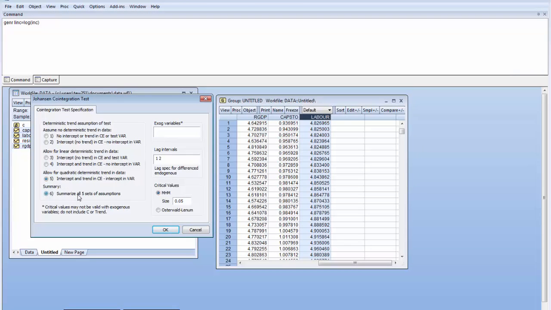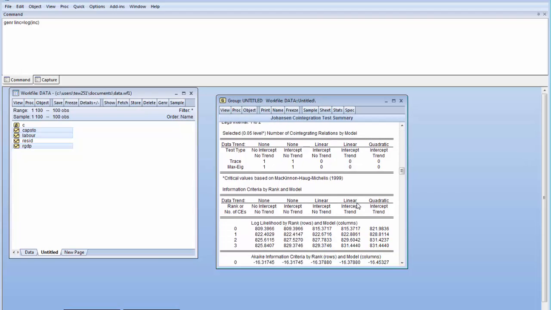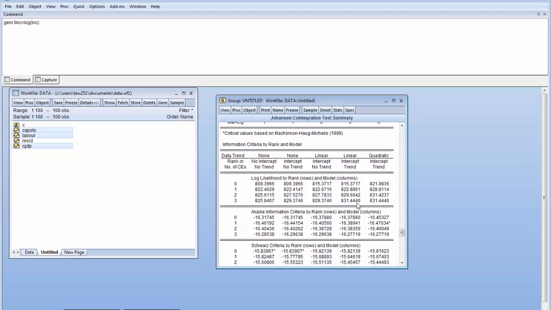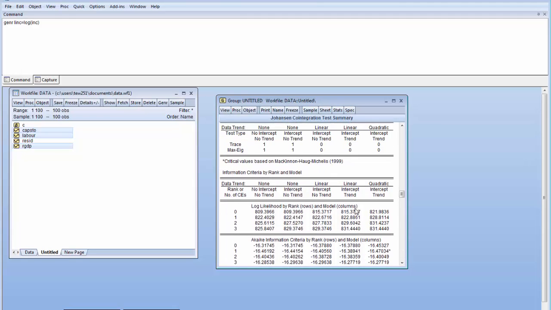So this one is something that you can use if you really don't know what to choose specifically. It just tells you which model is the best by looking at this. So if you take, well, we can choose any of the criteria and see which one of these has the highest log likelihood values in this case, and then follow this option.